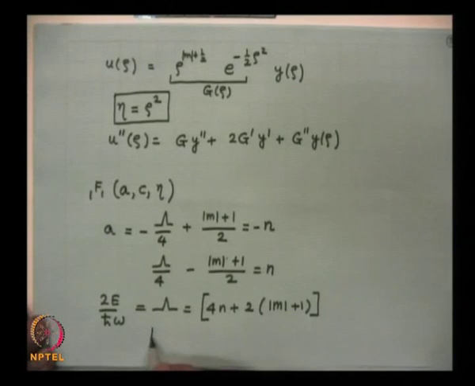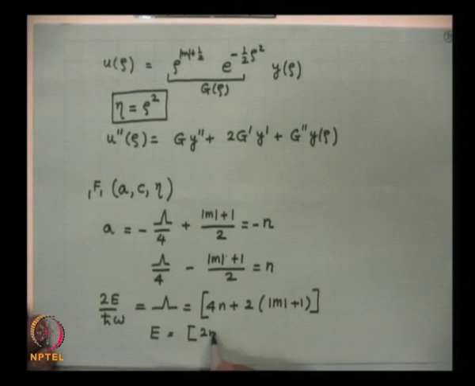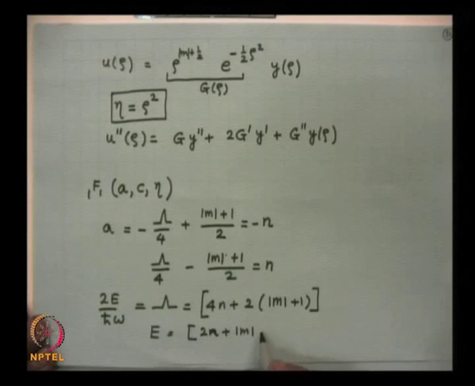So, E, if I divide by 2, will be (2n plus mod m plus 1) h cross omega.